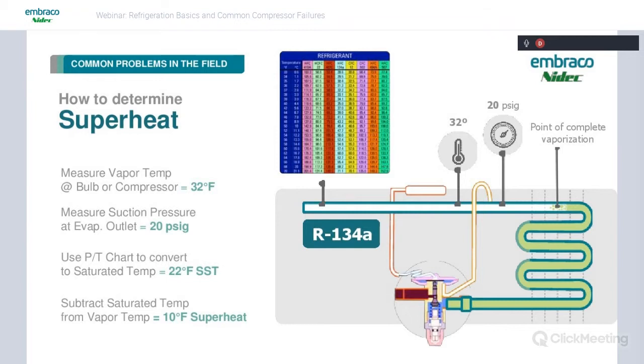So if you're measuring superheat at the compressor and you get 5 degrees of superheat or even 0 degrees, then you're getting liquid refrigerant returned to that compressor. Could be several different reasons. You could have a blower motor that's not working well. You could have a dirty air filter, anything that's causing low airflow across the evaporator.